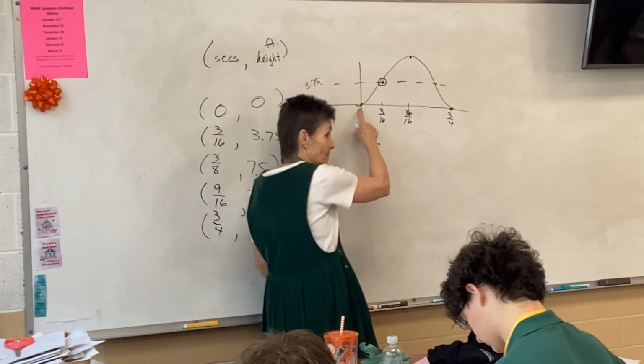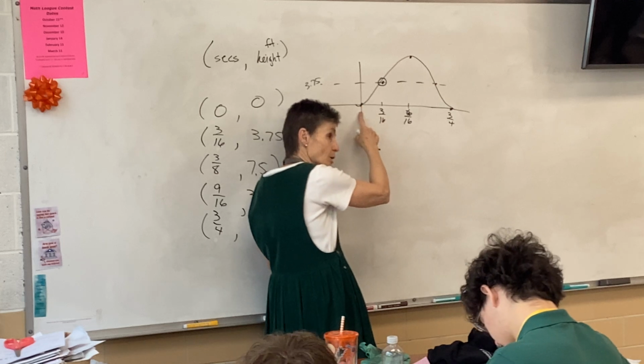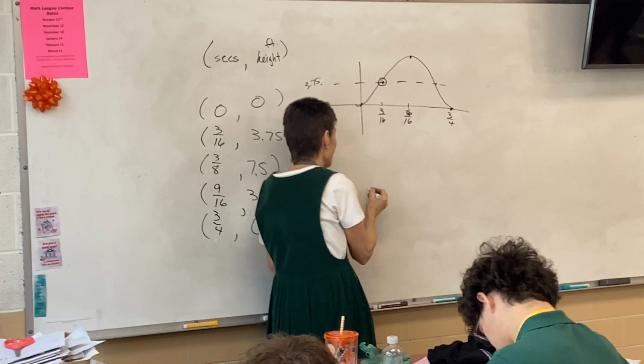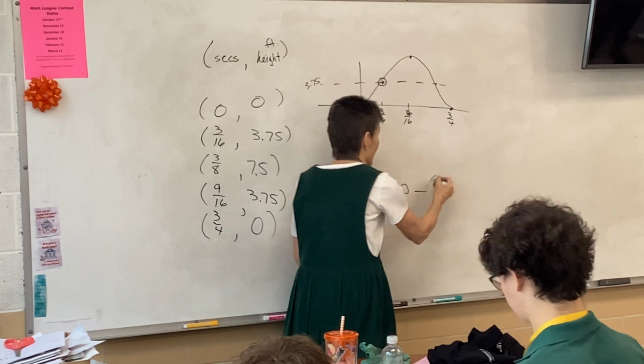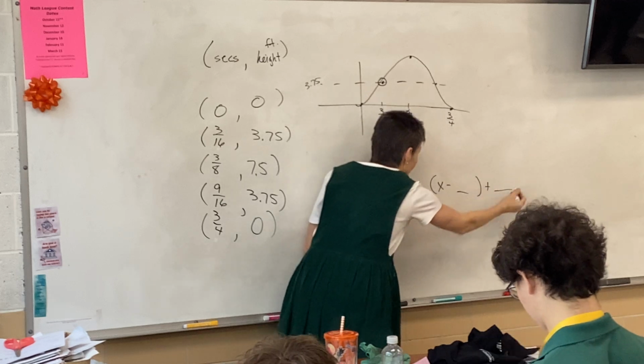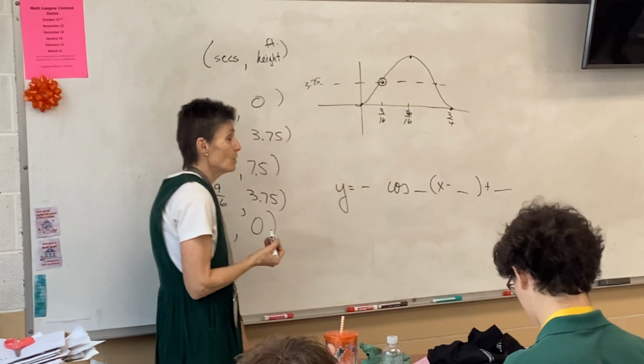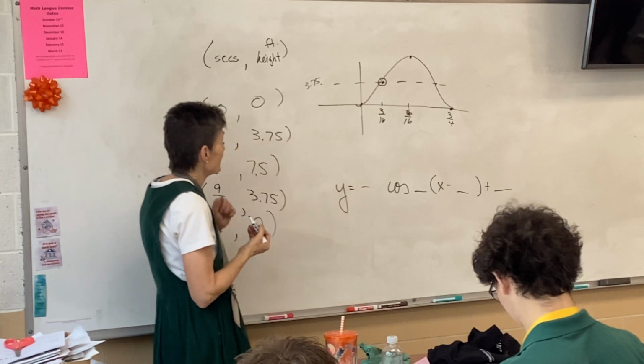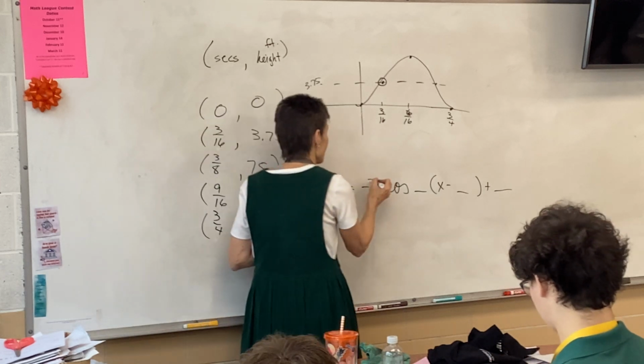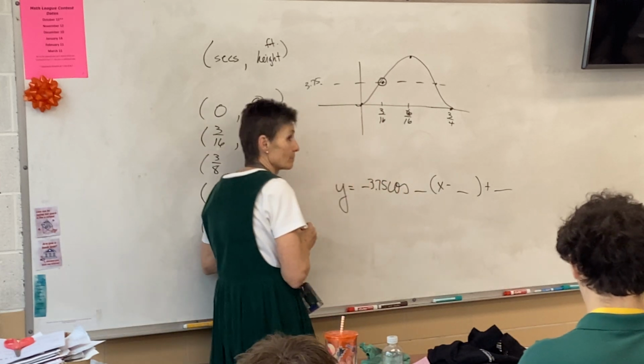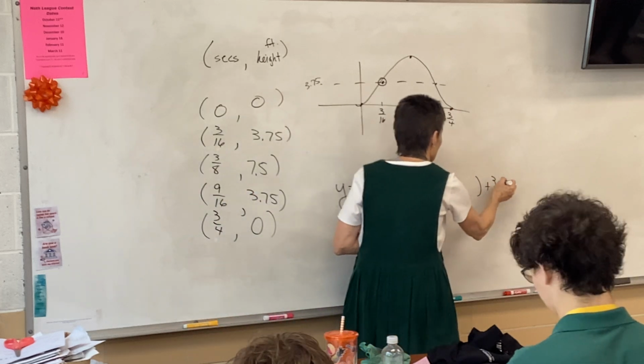This is a minimum. So if I choose to start my picture here, I'm going to have a negative cosine whose amplitude is 3.75 and whose midline is 3.75.